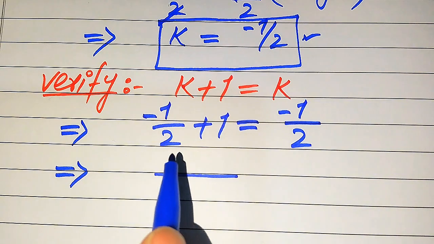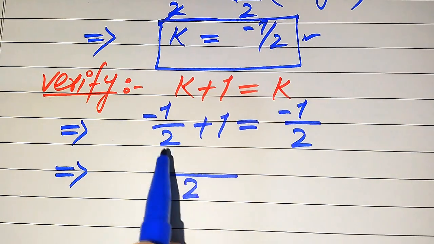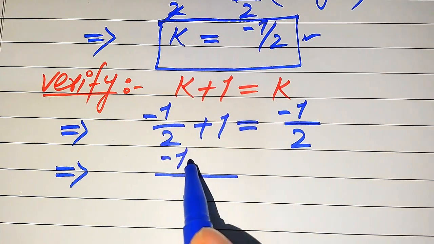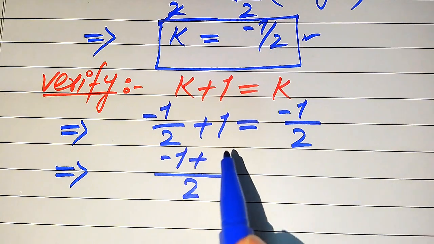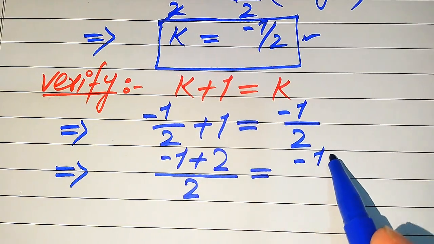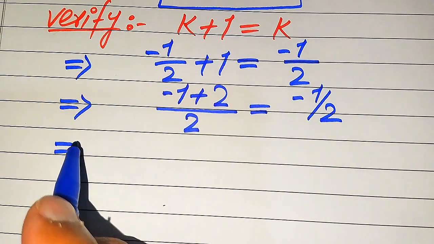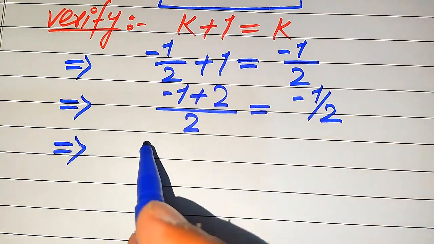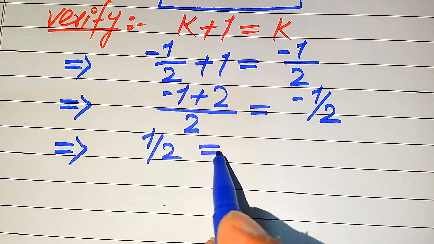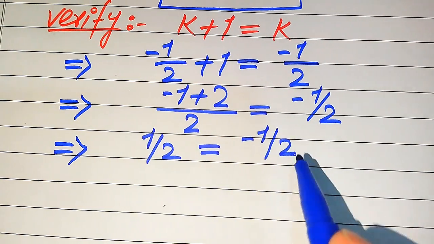When we take the LCM, this 2 is cancelled out by this 2, and we get here minus 1 only, and plus 2 times 1 is equal to 2, and here we have minus 1 divided by 2. Further, in the next step, we have minus 1 plus 2 is equal to plus 1 divided by 2, is equal to, here in the right hand side, we have minus 1 divided by 2.